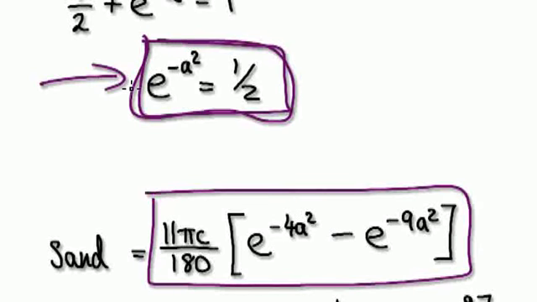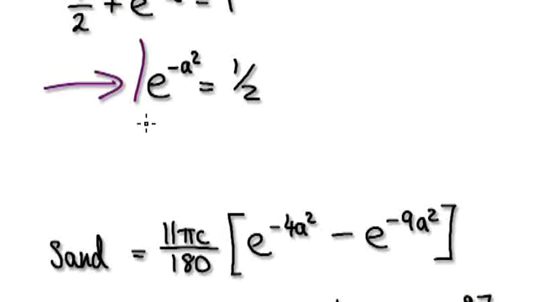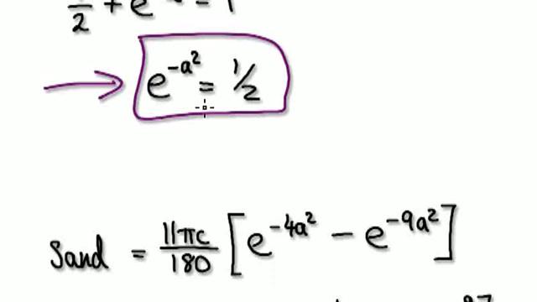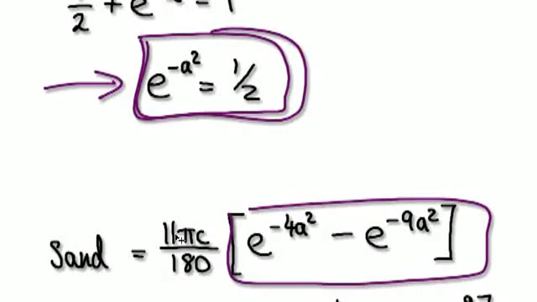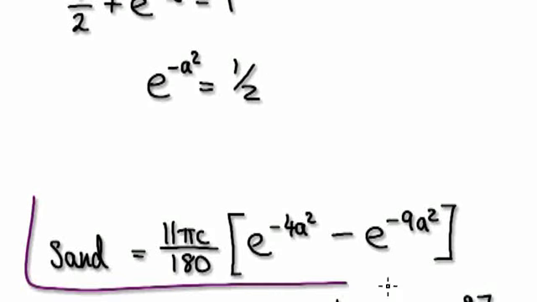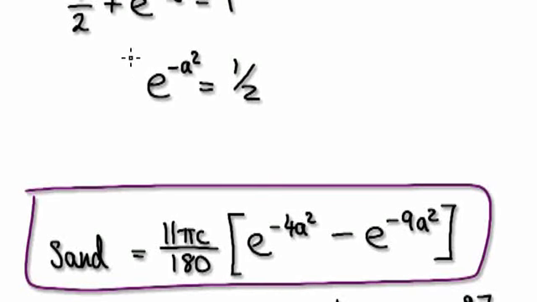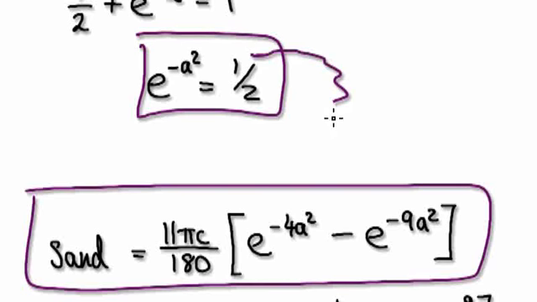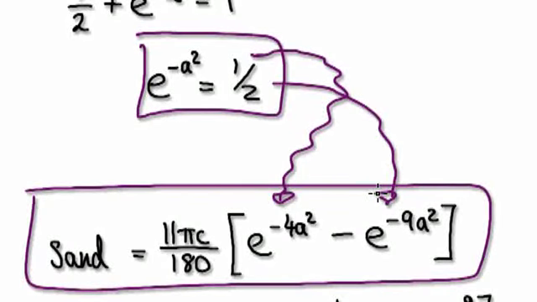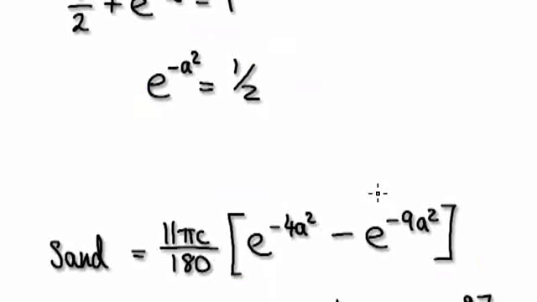By using the initial condition, we can greatly simplify this. By using this, we can put it into here and into here, and it will tidy itself up. Okay, I will continue in the next video.